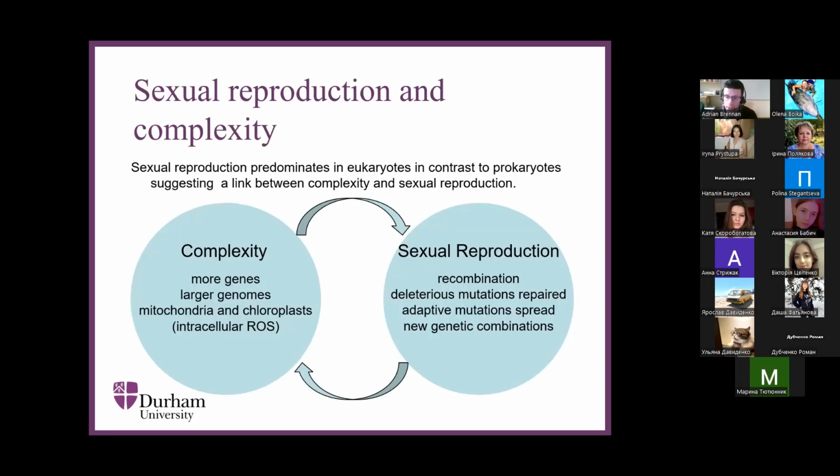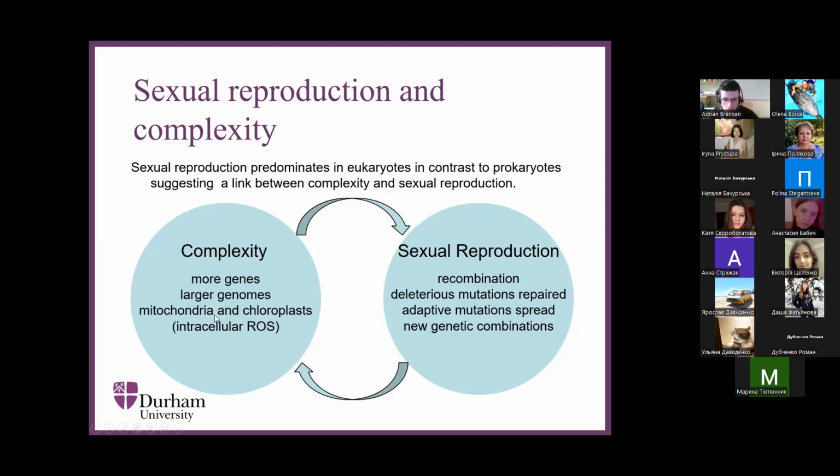There's also kind of general concepts of how sexual reproduction promotes organismal complexity, and it allows more and more complex organisms to exist. So in terms of biology, what I mean by complex is that you may have more genes or larger genomes or extra genomes.